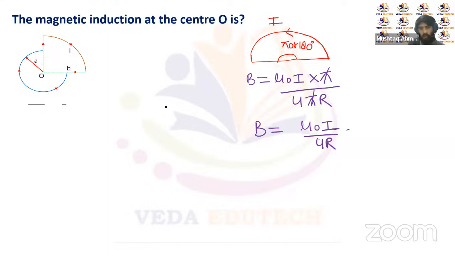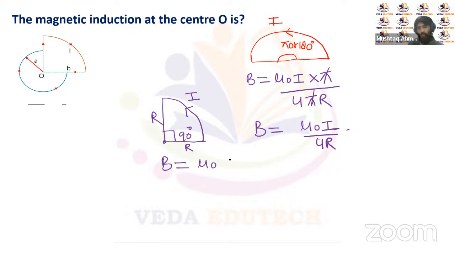Similarly, if we have a quarter circle of radius r, it will subtend an angle of 90 degrees at the center. That means the magnetic field due to this quarter circle at the center will be B is equal to mu naught I times alpha, where alpha will be pi by 2 for this quarter circle, upon 4 pi r.